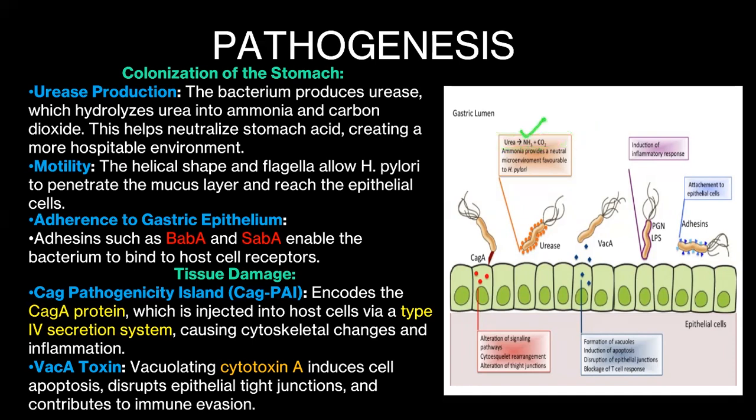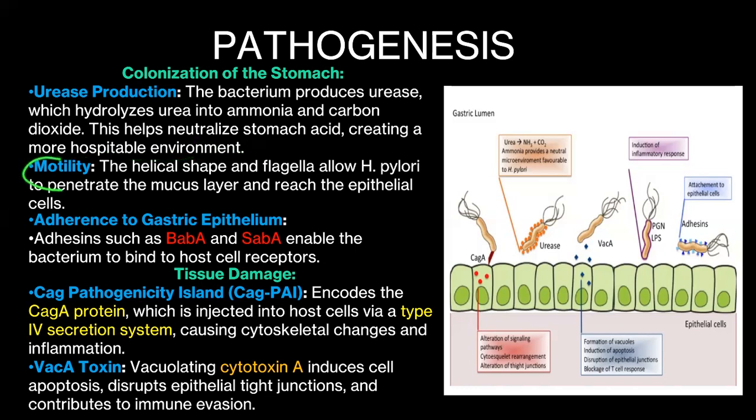Ultimately, ammonia reduces the acidity of the stomach, and after that the condition will be favorable for the survival of H. pylori. So, the bacteria produce urease, urease hydrolyzes urea into ammonia and carbon dioxide, ammonia neutralizes the stomach acid, and now the condition becomes favorable for the survival of H. pylori.